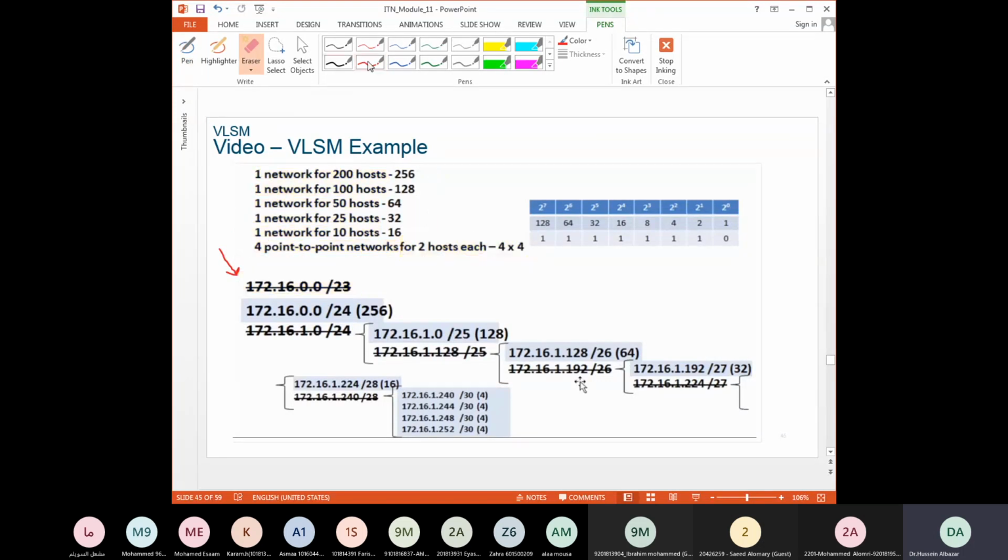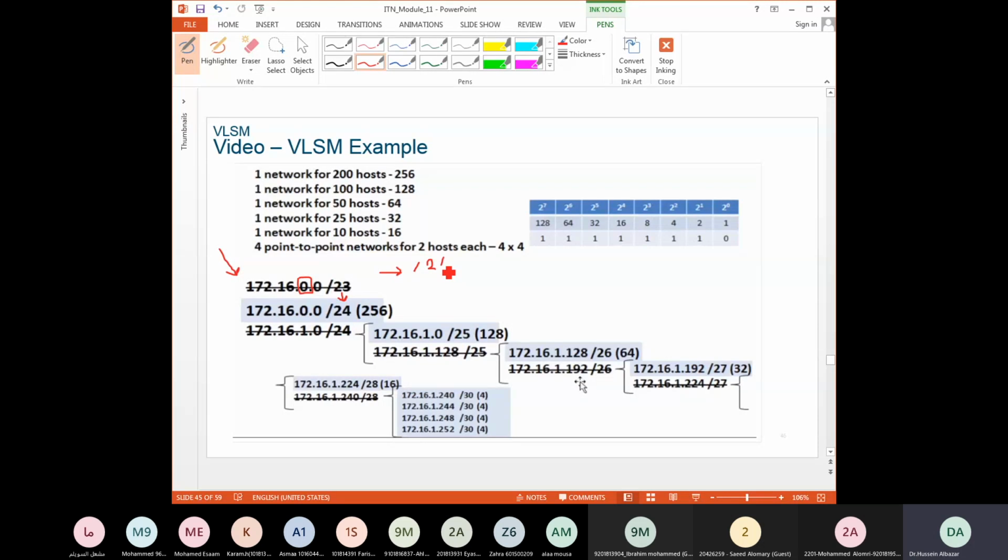172.16.0.0/23 will be divided into two subnets, each one with a prefix /24. The magic number here is 1 in octet 3. If we subnet and borrow one more bit, we'll have two subnets, each with a prefix /24.